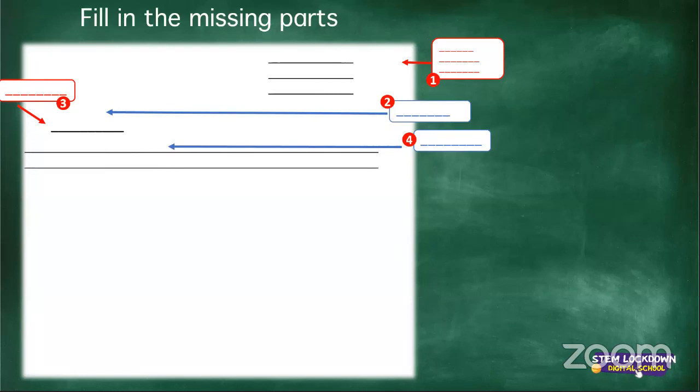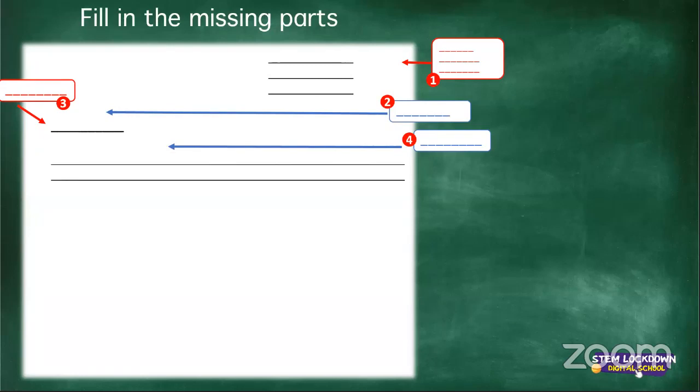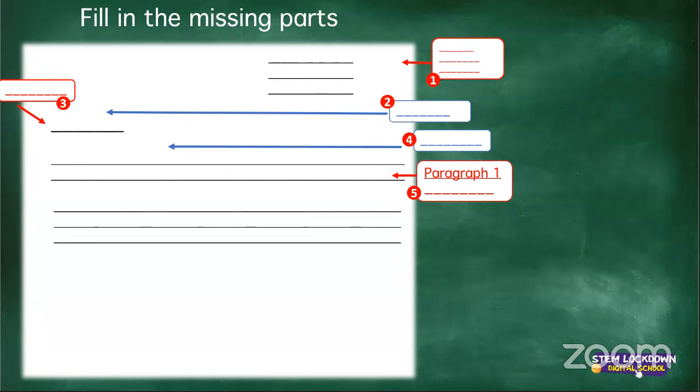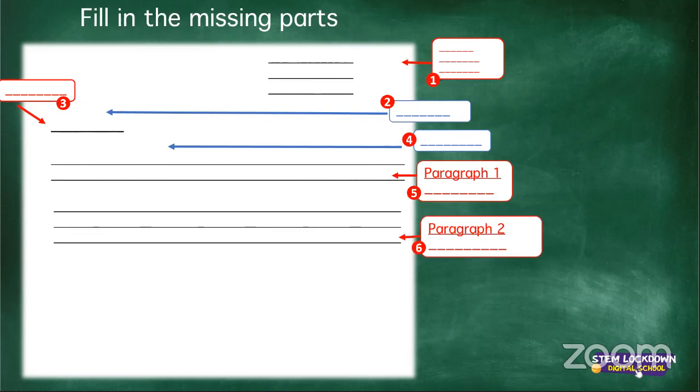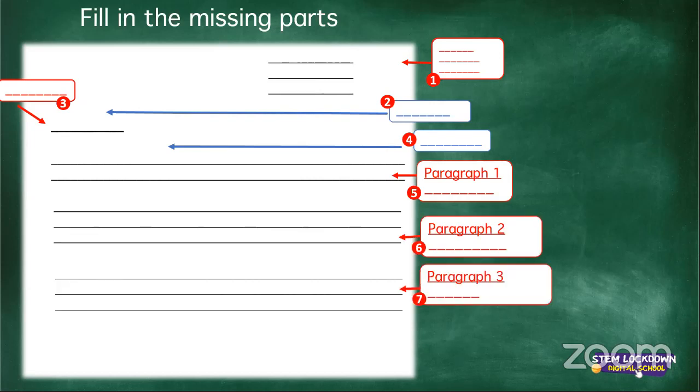Let's go on. So that is the first paragraph. What type of paragraph is that? Right, have you got that written down? Good. Let's go on. Then we have paragraph 2. What is paragraph 2?